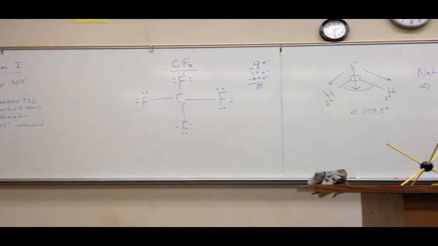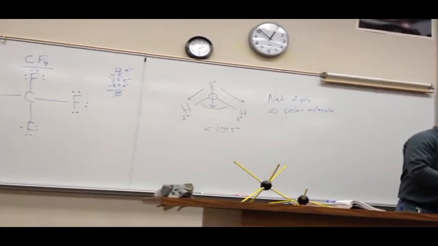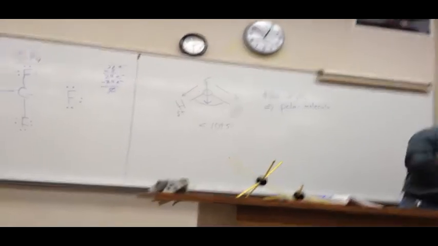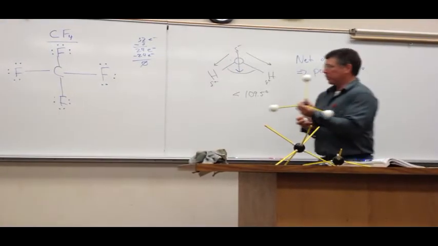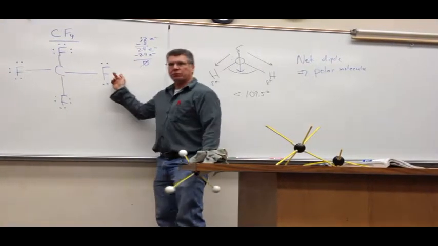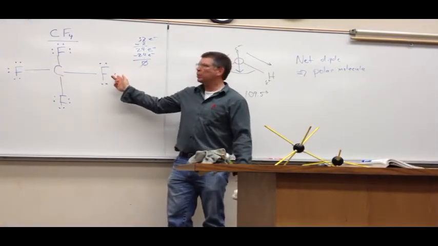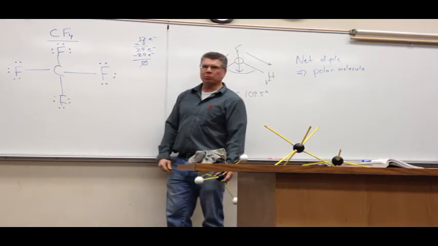In that table in your textbook, the electronegativity of fluorine is 3.98, basically 4. Carbon is, I think, around 2.4.